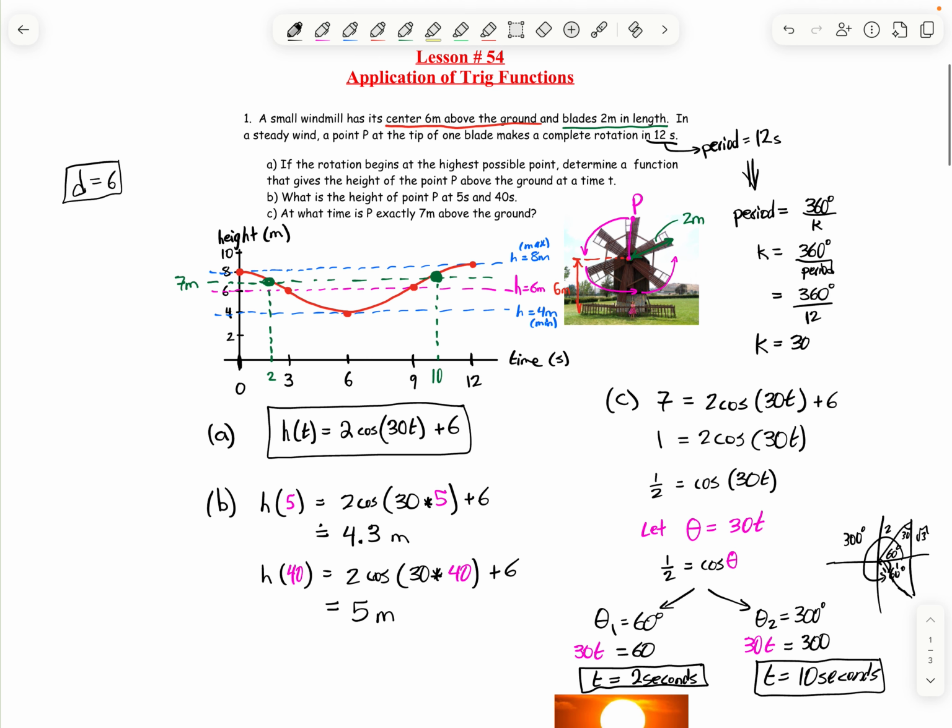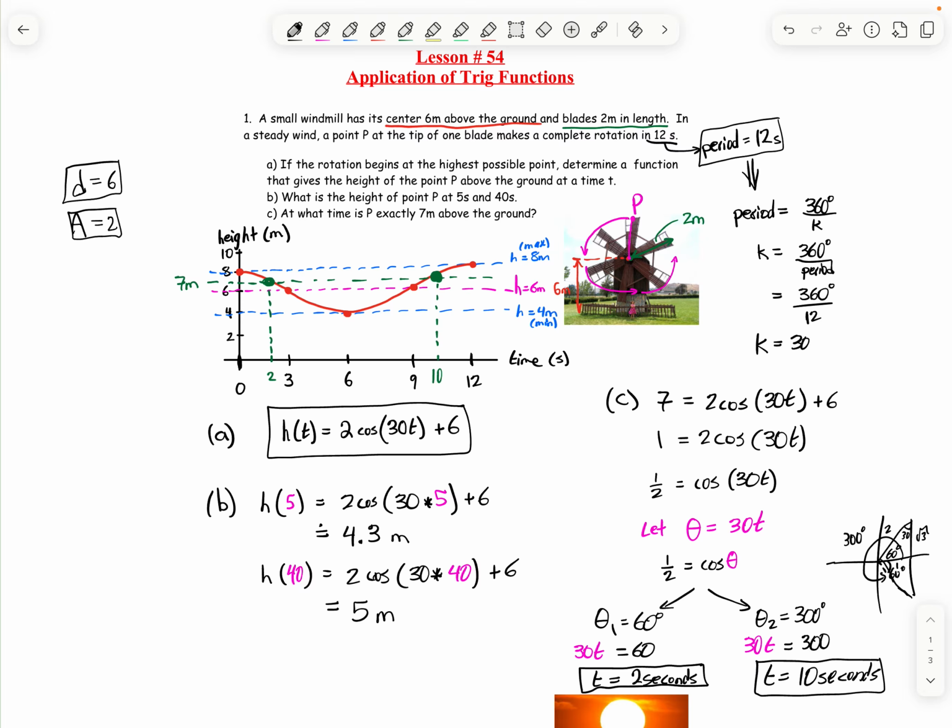The blade length is 2 meters, and this means that the point goes 2 meters above and below the center. So a is equal to 2. Next thing we know is that the windmill makes one full rotation every 12 seconds, so the period is 12 seconds, which I've labeled right here.